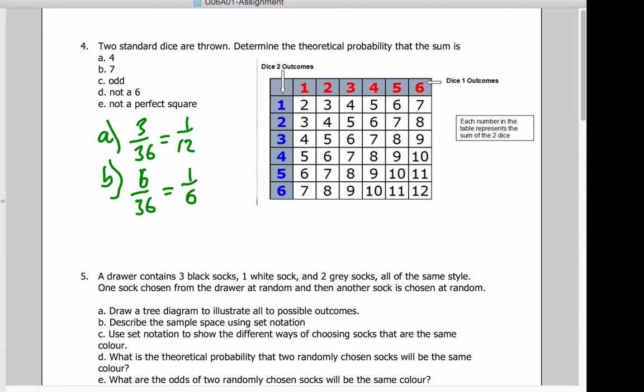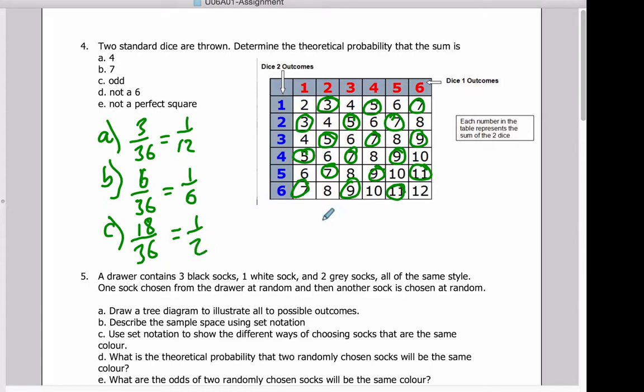When we roll an odd number, there's 1, 2, 3, 4, 5, 6, 7, 8, 9, 10, 11, 12, 13, 14, 15, 16, 17, 18. So there are 18 possibilities where you roll an odd out of 36 possible outcomes, which reduces to 1/2. So half the dice rolls should be odd, and half should be even, theoretically.